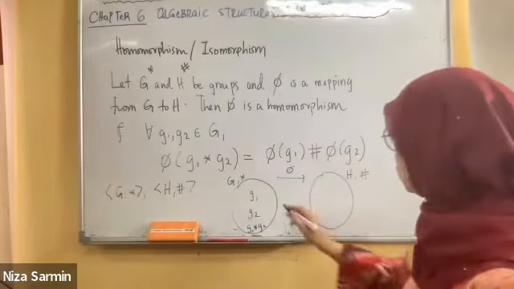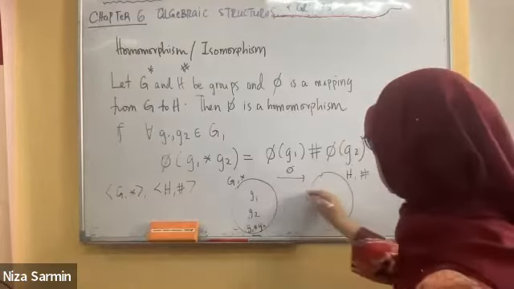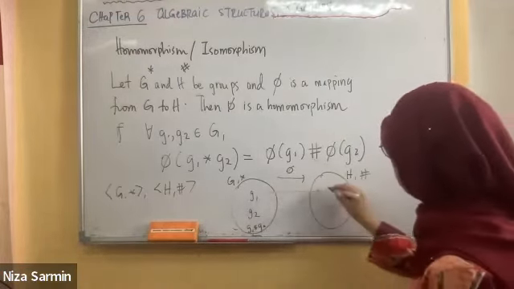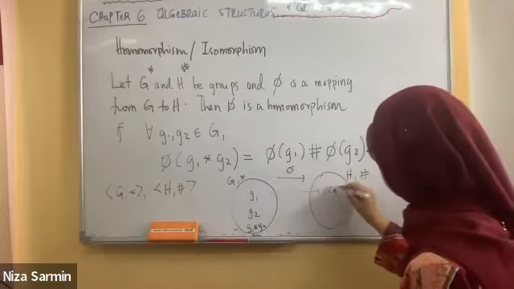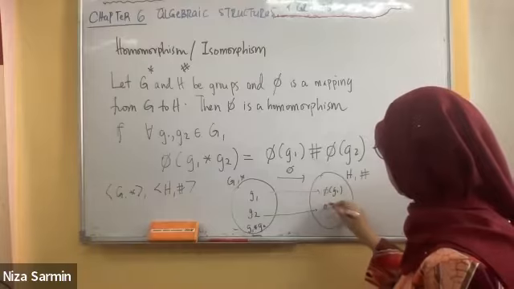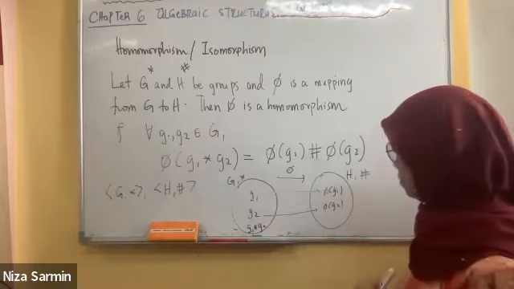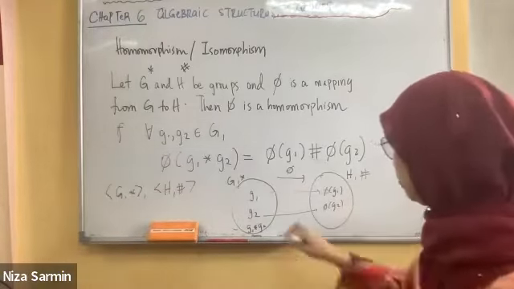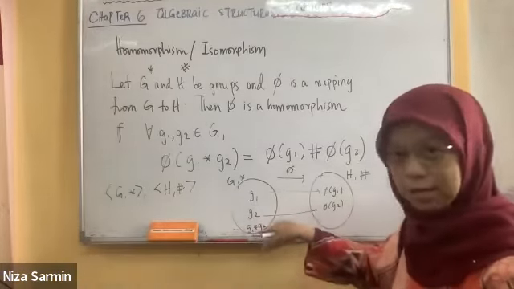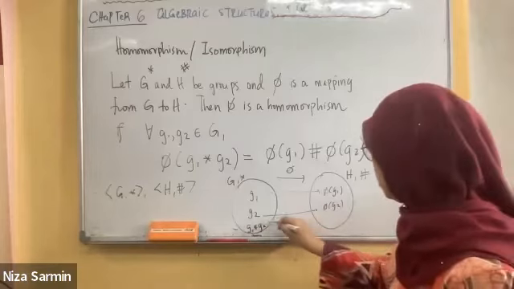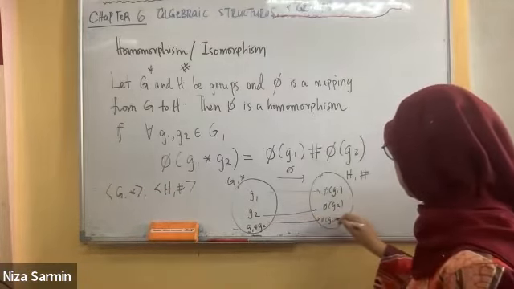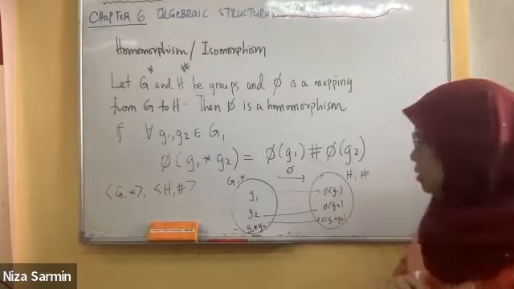Okay, so if there is a G1, there is a phi G1. If there is a G2, there is a phi G2, right? If there is a closure, this is another element inside, and there is also the image.